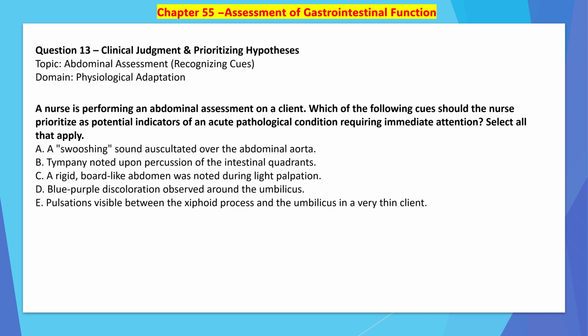Question 13, clinical judgment and prioritizing hypotheses. A nurse is performing an abdominal assessment on a client. Which of the following cues should the nurse prioritize as potential indicators of an acute pathological condition requiring immediate attention? Select all that apply. A swishing sound auscultated over the abdominal aorta.